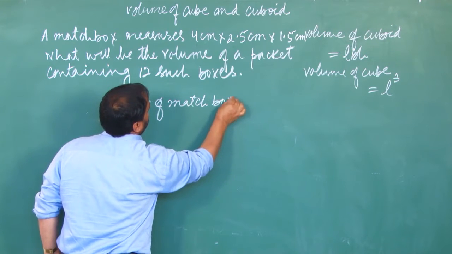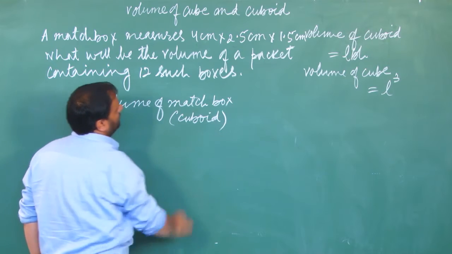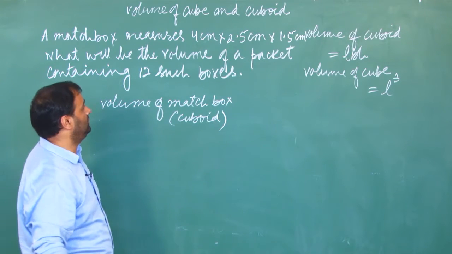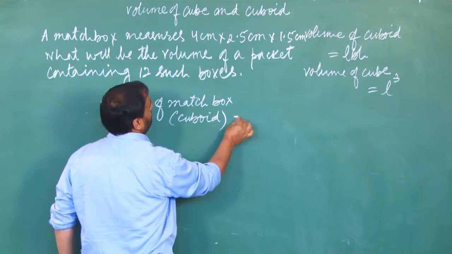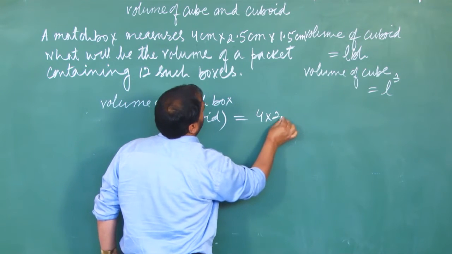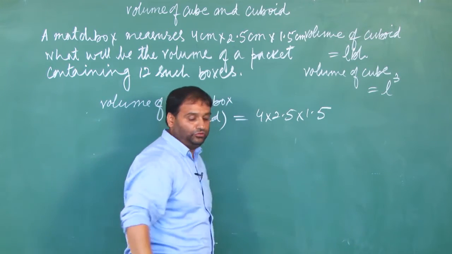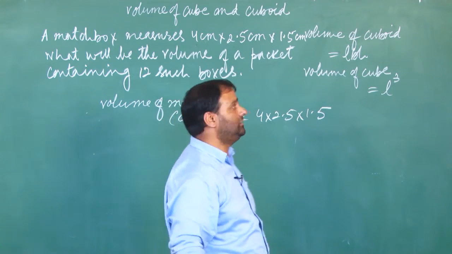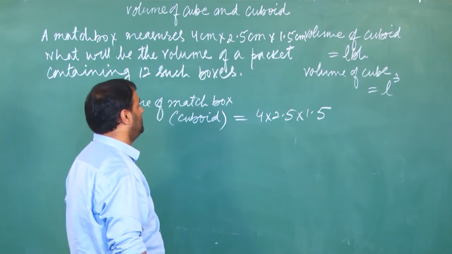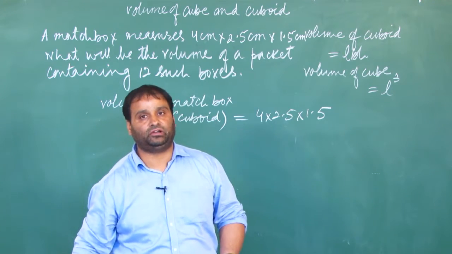You can write it in brackets as cuboid. Its volume is the product of all its dimensions, length into breadth into height. The units for length, breadth and height should be the same, and if they are, you can straight away go for the product.